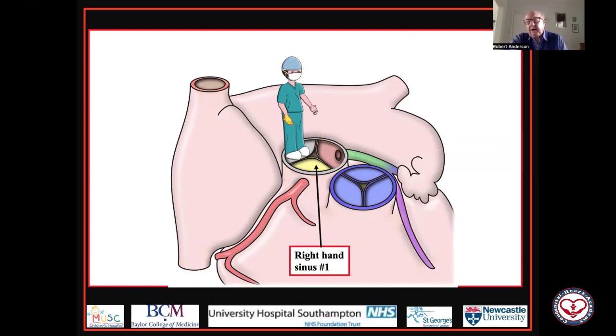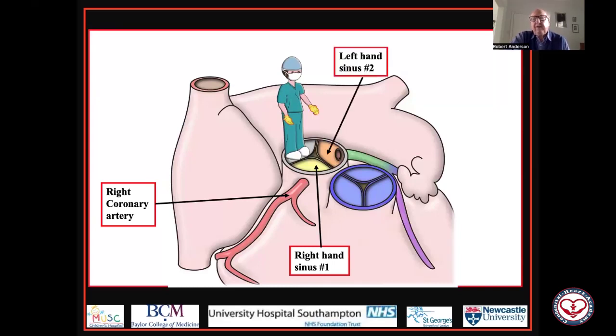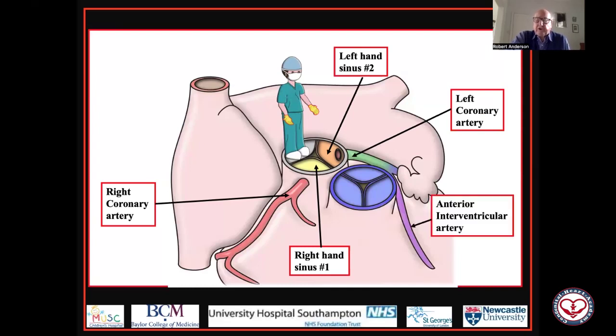And in the normal heart, that right-handed sinus gives rise to the right coronary artery. It then follows that the other sinus is to the left hand of the surgeon. We call that sinus number 2, and it gives rise to the left coronary artery, which divides into the circumflex artery in the normal heart and the anterior interventricular artery.